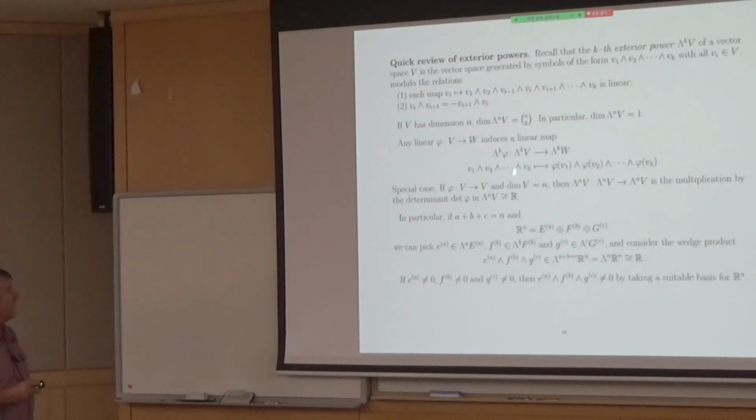And a special case is the case where k is equal to the dimension of the vector space. So that's lambda n of phi, sorry. And it's a map from a one-dimensional space to a one-dimensional space. So it's multiplication by a number, and that number is exactly the determinant of phi.